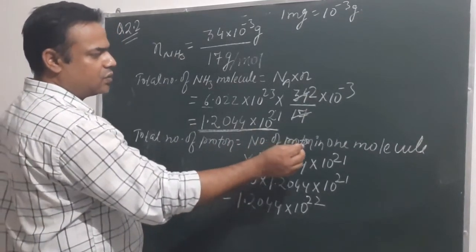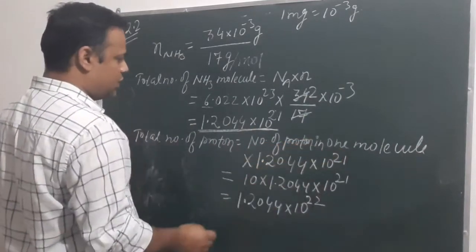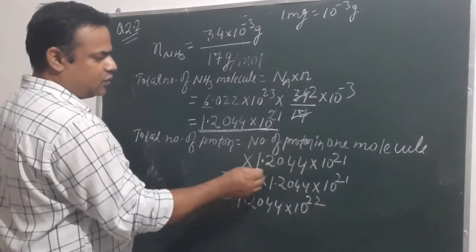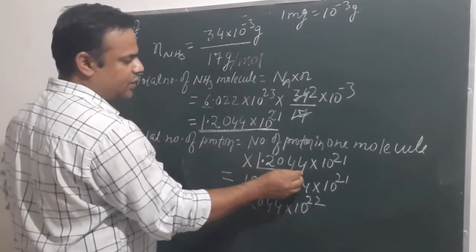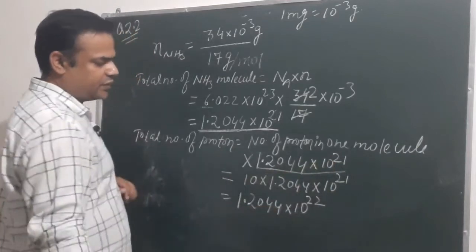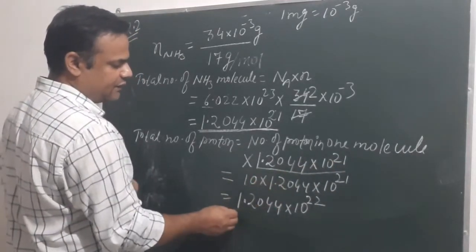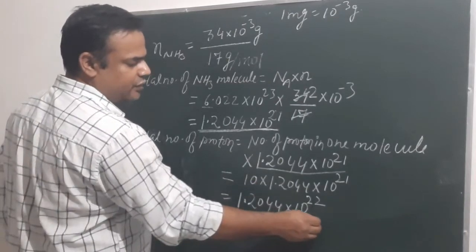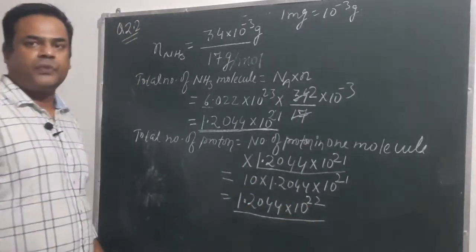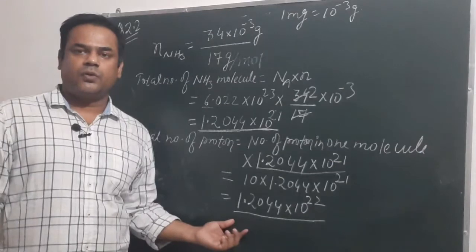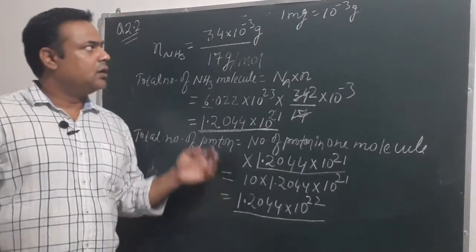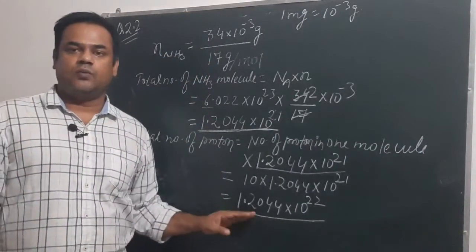So number of protons in one molecule will be 10, and total number of molecules we have is 1.2044 into 10 to the power 21. On multiplication we will get the value 1.2044 into 10 to the power 22. So this is the total number of protons present in 34 milligram ammonia.